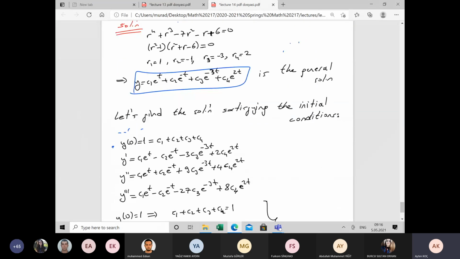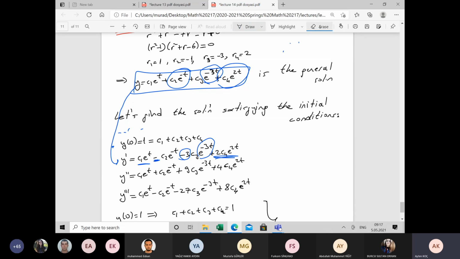What's y'? You have to compute y'. Y is this one; take the derivative with respect to t: C1 e to the t, and this one gives minus C2 e to this one, and the derivative of this one gives minus 3 times C3, and this one gives the last term.